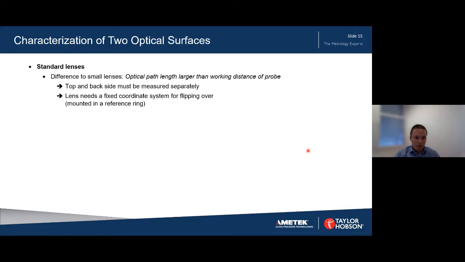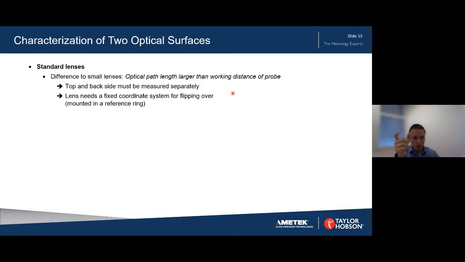Yeah, for standard lenses that are a little bit larger than these smartphone camera endoscopic lenses, we got the issue that the optical path length through the lens would be larger than the working distance of the probe. That means that we can't just measure through the lens for thicker lenses, but we have to measure top and back side separately.